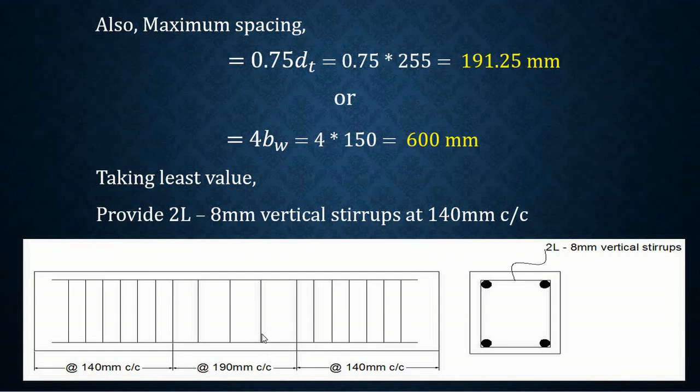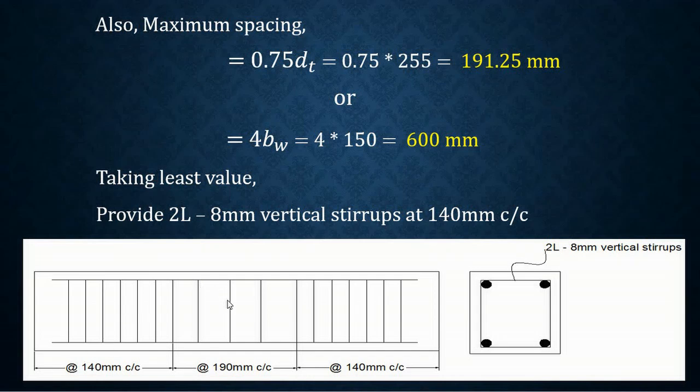For the mid span of the beam, the spacing of the shear reinforcement will be considered from the least value of the maximum spacing. In between these two, which one is the least value in the maximum spacing? We should consider that it is 191. So round it off to 190. As per the IS specification, we are using this.